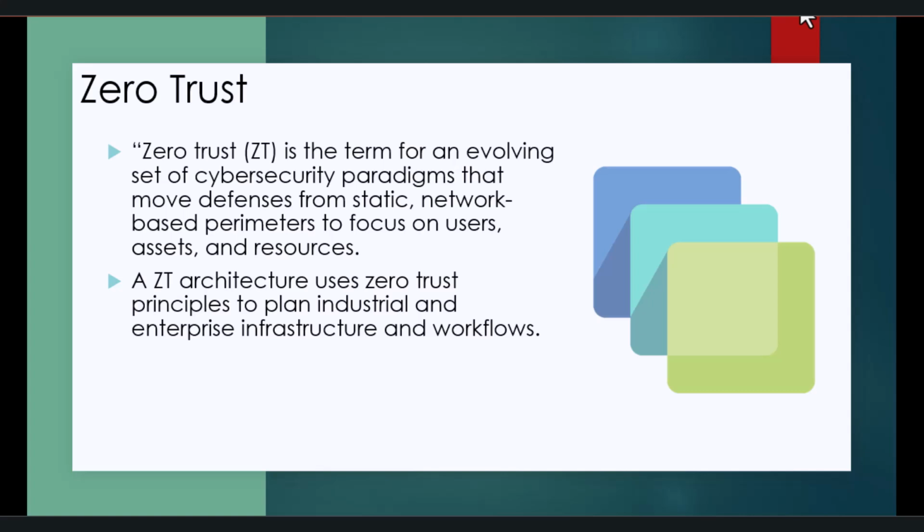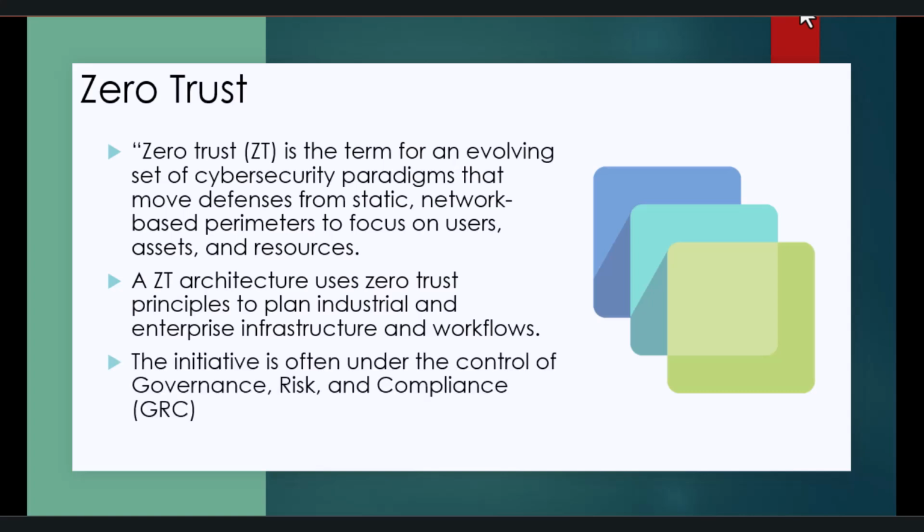We used to trust but verify, but now there's zero implied or implicit trust. But as you can see, the acronym ZIT isn't that gratifying. So we just call it ZT, or ZTNA, a Zero Trust Network Architecture, to use Zero Trust principles to plan industrial enterprise infrastructure and workflows.